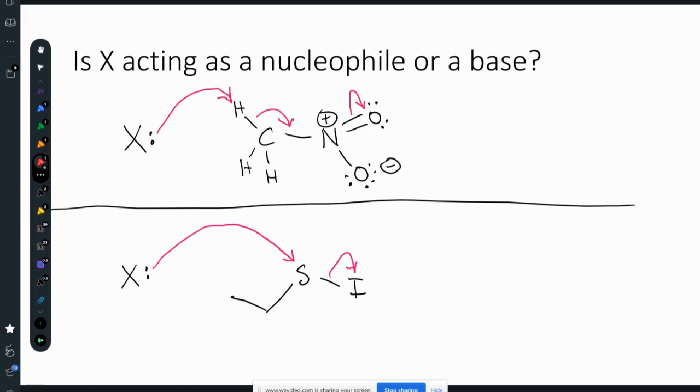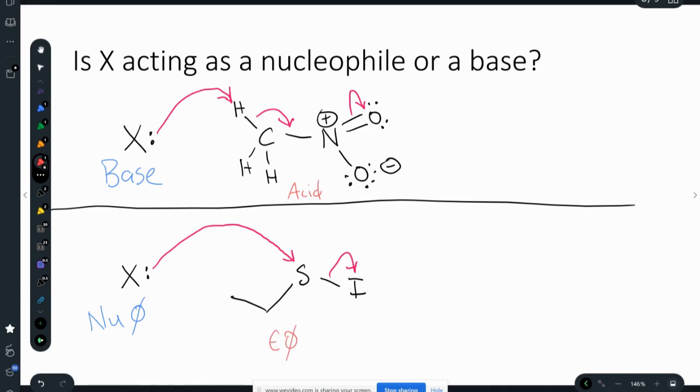All right, if I'm attacking hydrogen, that means X in that case is what? Base, yeah. In the second case, is X attacking hydrogen? No, then we would just call it a nucleophile. Simple as that. So in the first case, we would call that second molecule an acid. In the second case, we would just call it an electrophile.